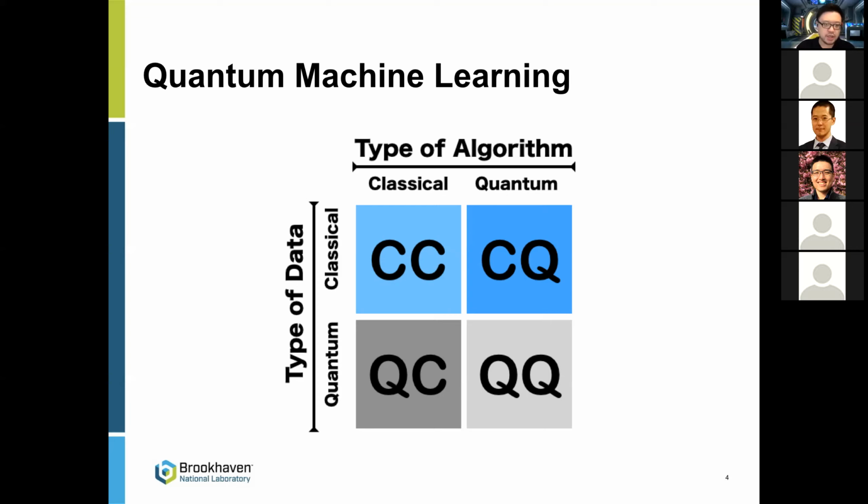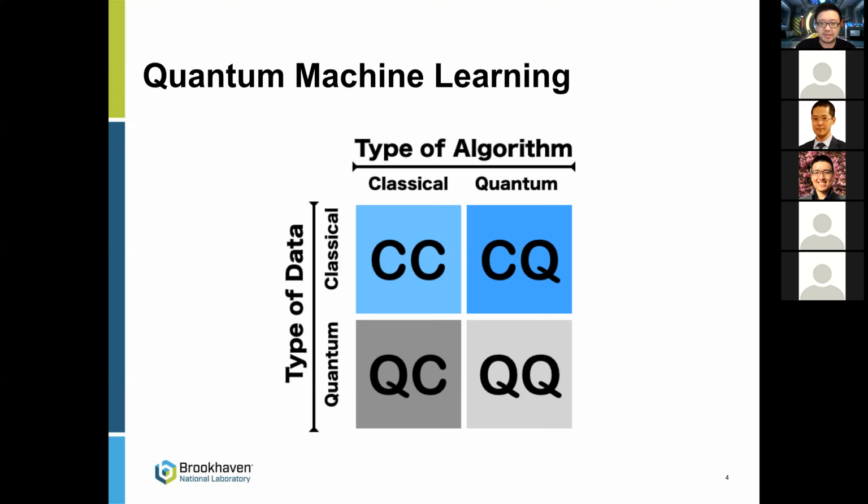And the QC represents using classical machine learning to process quantum data. So actually, this is using classical machine learning to study quantum physics. This area is mainly in academia. So physicists can use machine learning to learn from the data from quantum experiments.